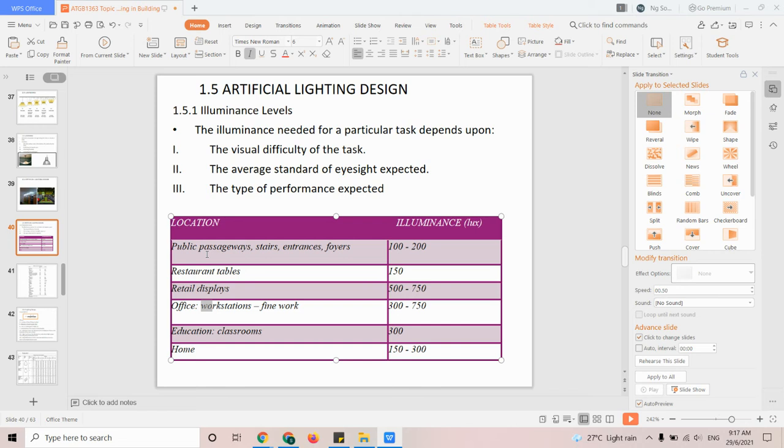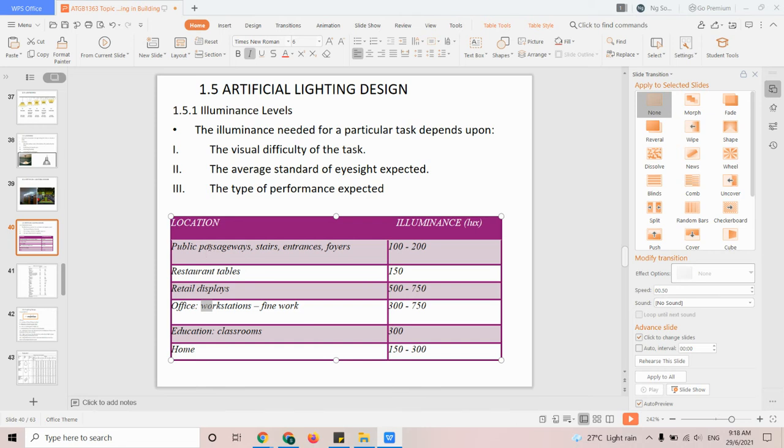In a public passageway, we are not there to do any detailed work. We are just trying to get from point A to point B. So what we require is just enough lighting for us to see where we are going and not to trip over, but not too much because we are not planning to do any detailed or very fine work there.